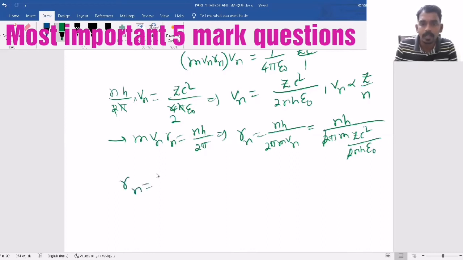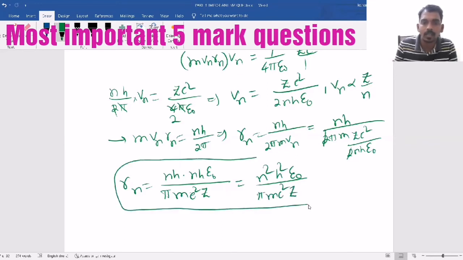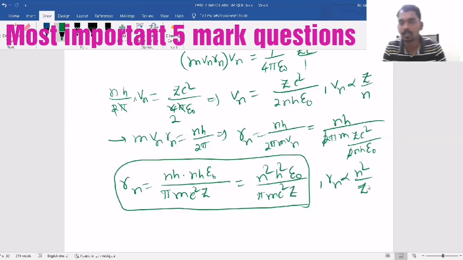So Rn will become nh times nh epsilon naught going to the numerator, and pi m e square Z, which equals n into n square, h into h square into epsilon naught by pi m e square Z. So this is the radius of the nth orbit, where Rn is proportional to n square by Z. That is what you need to understand.